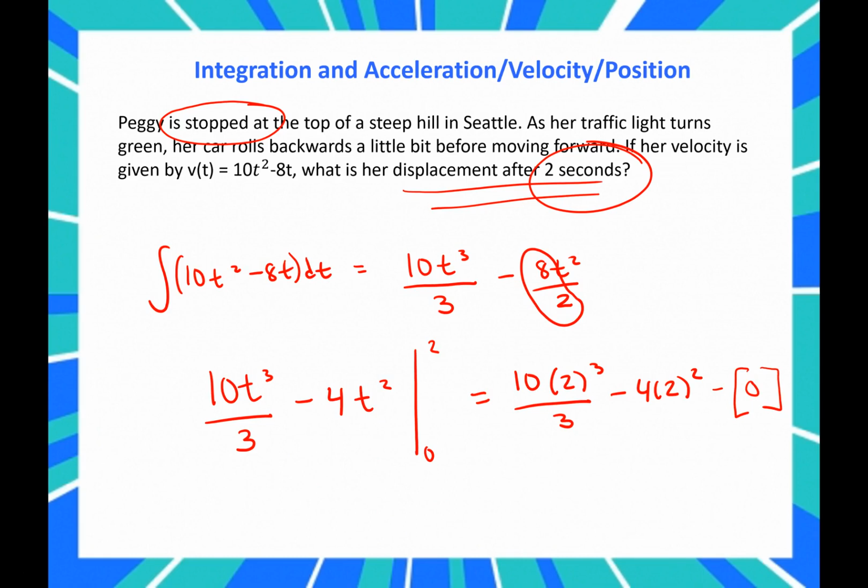All right, going ahead and doing this math, 2 cubed is obviously 8. So this is going to give me 80 divided by 3. And then this becomes minus 16 because 2 squared is 4 times 4 is 16. So 80 divided by 3 minus 16 gives me 10.667.